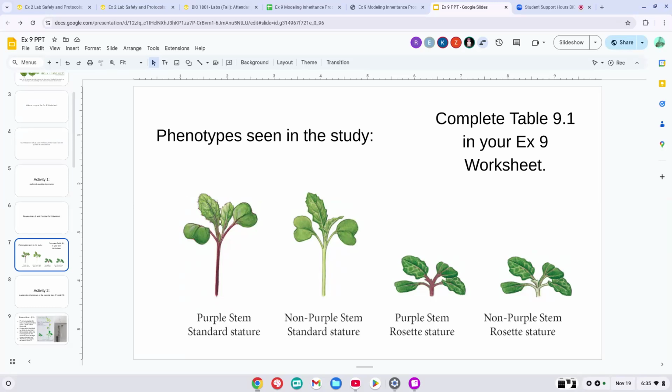That would produce our P2 generation, and all of them would be heterozygous. Then in our F1 generation, we would cross the heterozygous with the heterozygous, and we would cross again. And that's why we have these traits coming back out.